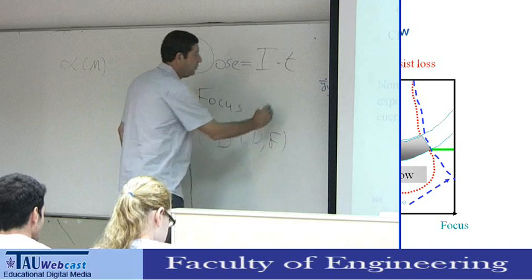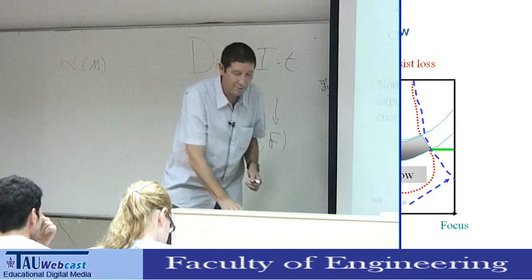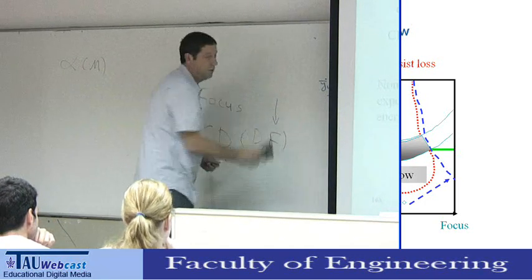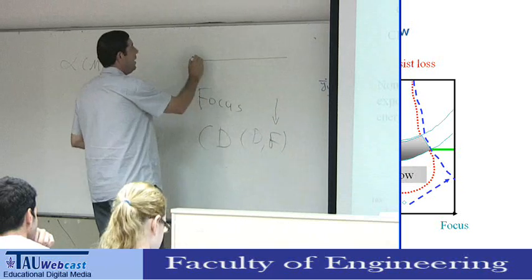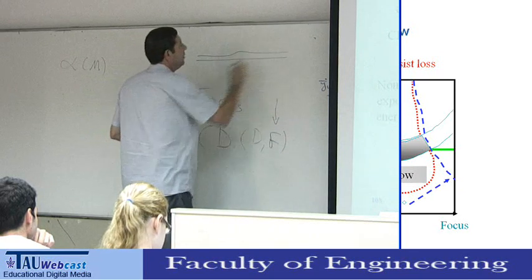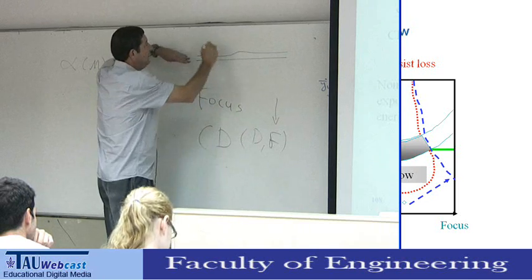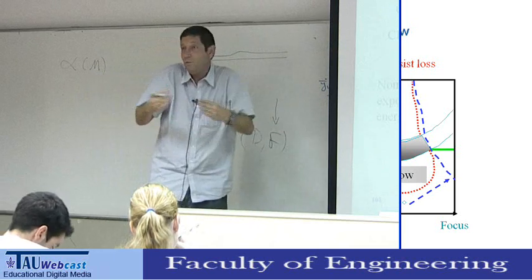Now, variation in the focus is a bit of a problem, because sometimes you cannot control it. If this is your wafer and you have some line going like this, during the process there will be some focus variations between the image here and here because of the process itself.